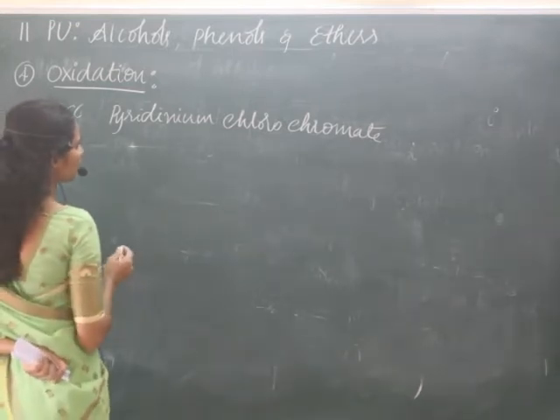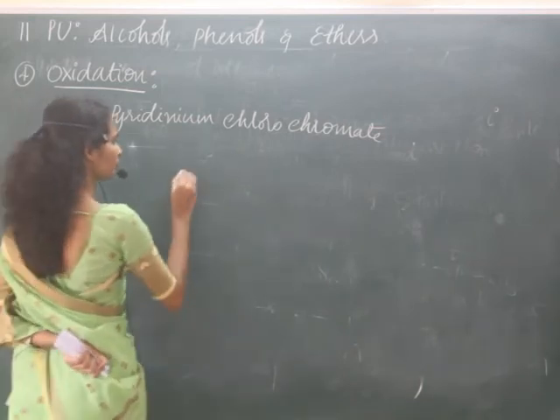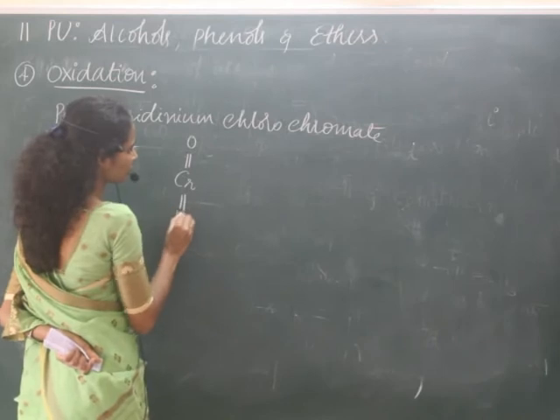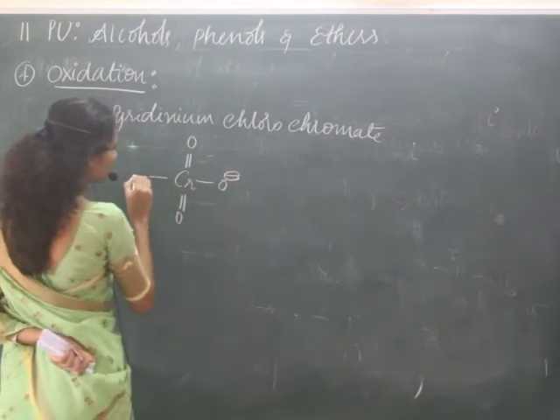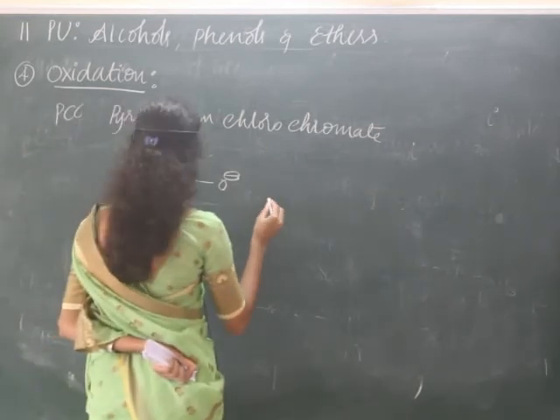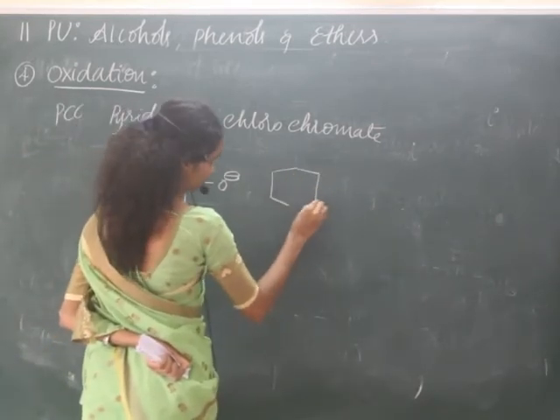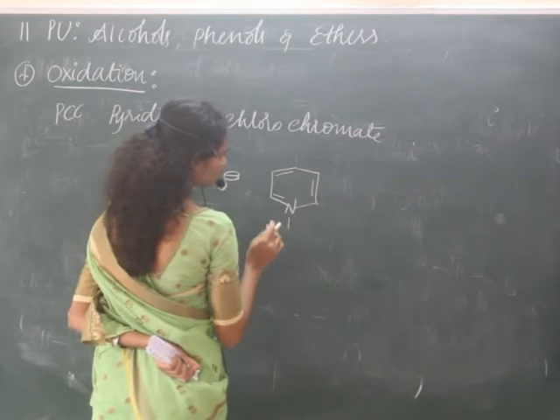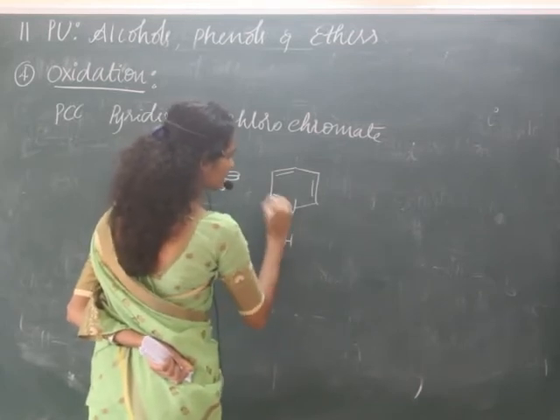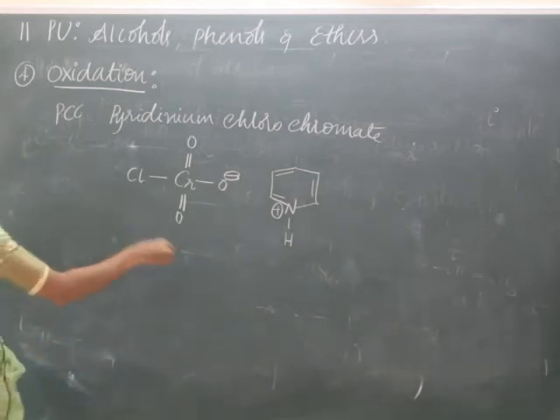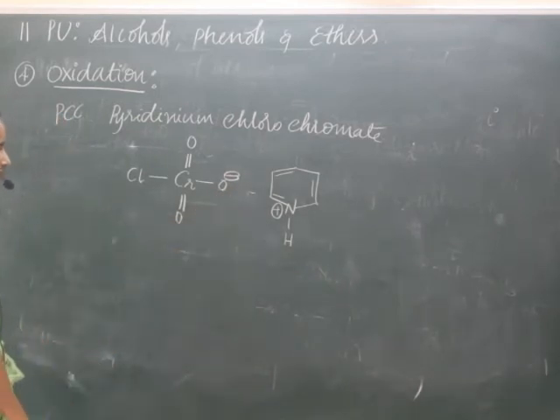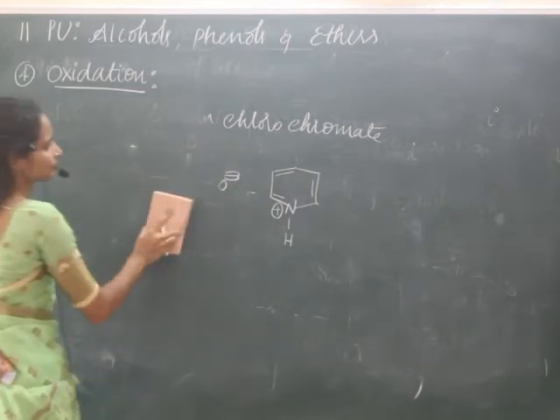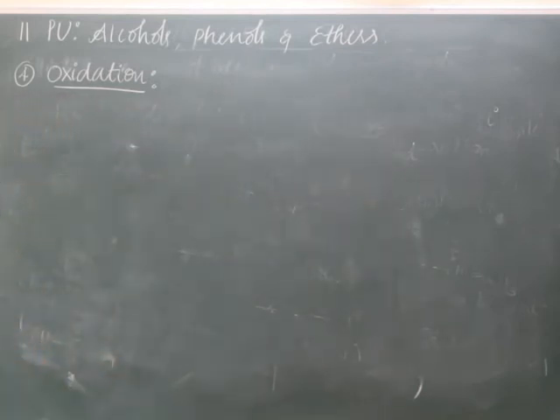Its structure has O minus, Cl, and pyridine, with a plus charge. It acts as a good oxidizing agent and gives a very good yield. Short form is PCC, don't forget.